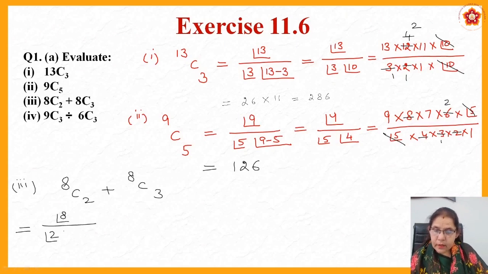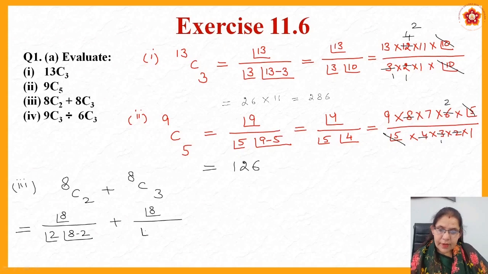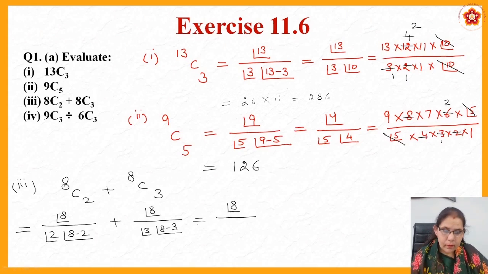Factorial 8 upon factorial 2 into factorial 8 minus 2, plus factorial 8 upon factorial 3 into factorial 8 minus 3. Solve it. It is factorial 2 into factorial 6, and in the denominator of the second term we have factorial 3 into factorial 5.